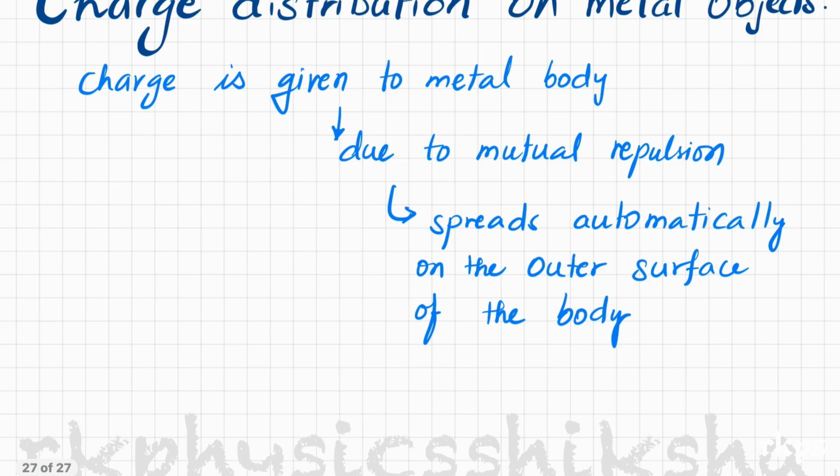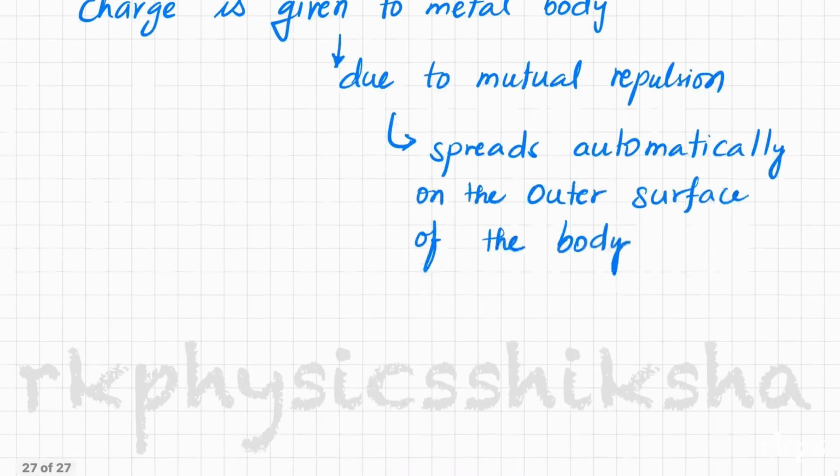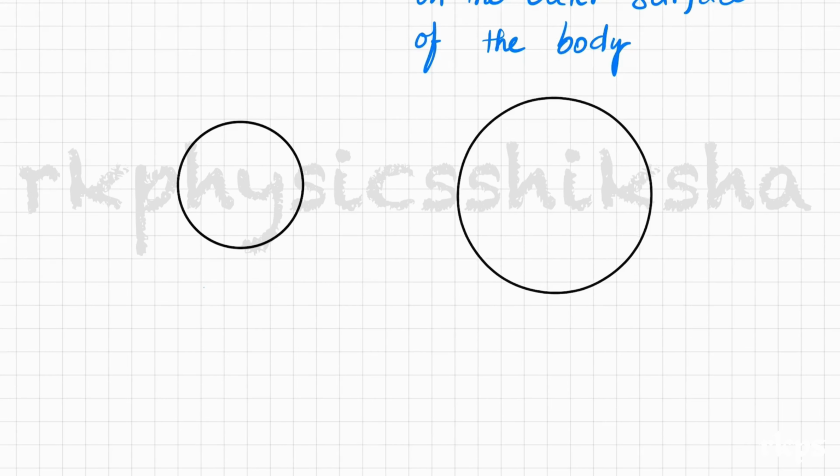Now, what happens when I take two conducting metal spheres? To understand charge distribution on metal bodies, I'll consider two conducting metallic spheres, one of radius r1 and the other of radius r2. Initially they are at a large mutual separation, and each carries a charge.